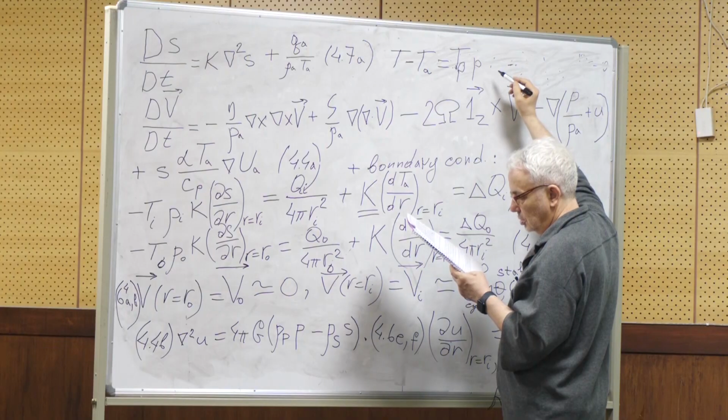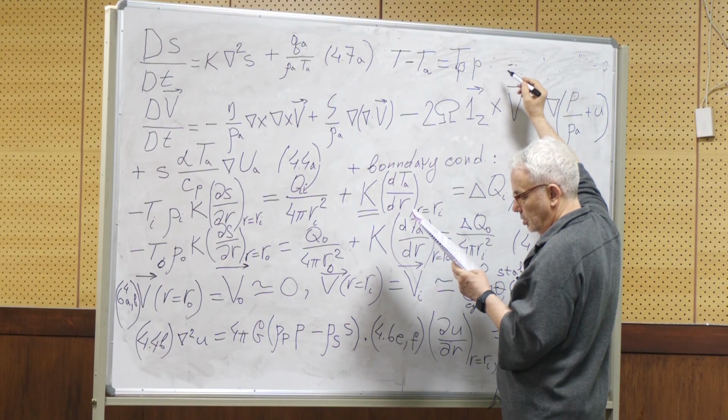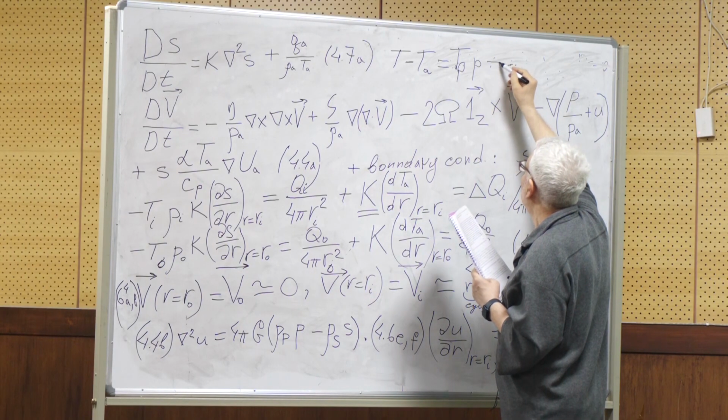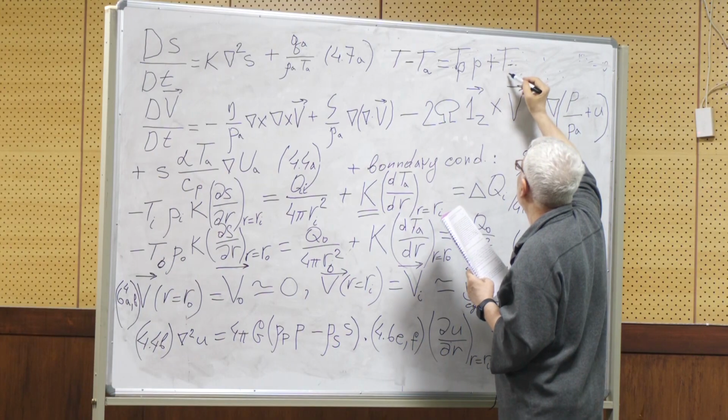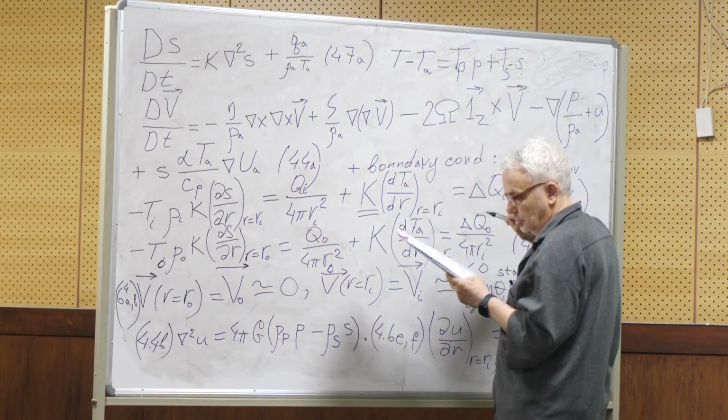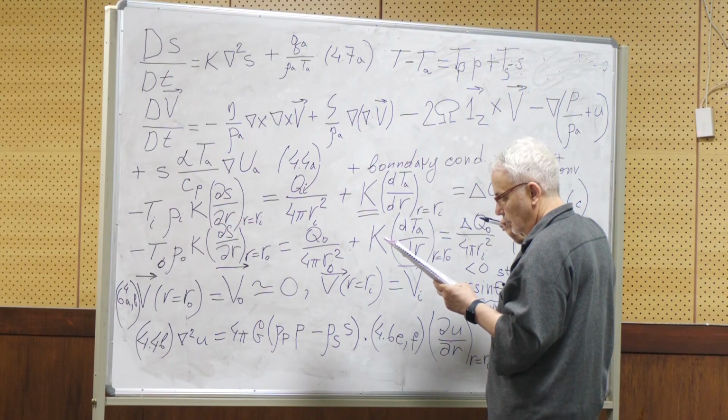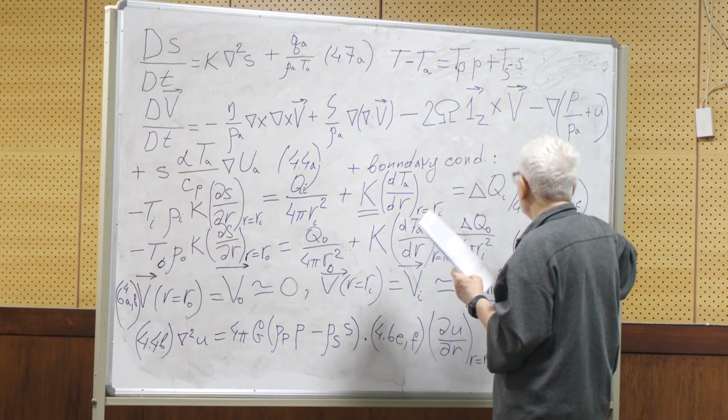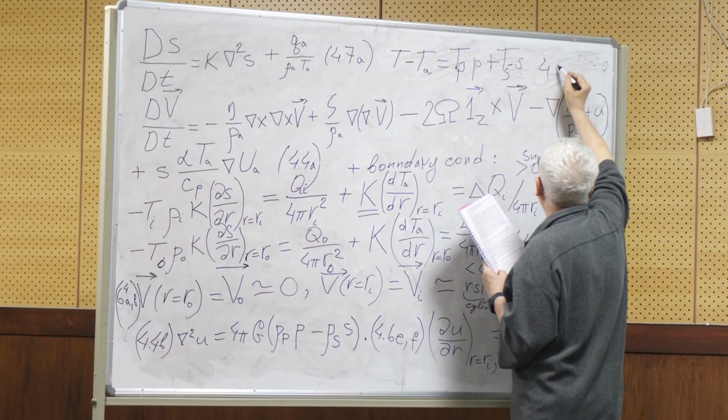And the next term is the partial derivative of T with respect to S, times S. This is actually formula 4.2.